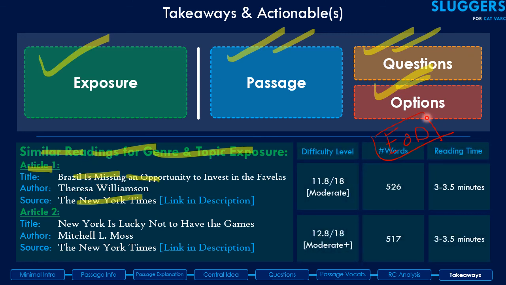I've also provided here the value of some of the parameters, the difficulty level of both of these articles in terms of readability, 11.8 and 12.8. The RC that we solved was 11.6, so these are slightly more difficult, not much. That will also help you get a hang of the scale, the number of words, and the ideal expected reading time given the number of words of these articles. The links to both the articles can be found in the description.